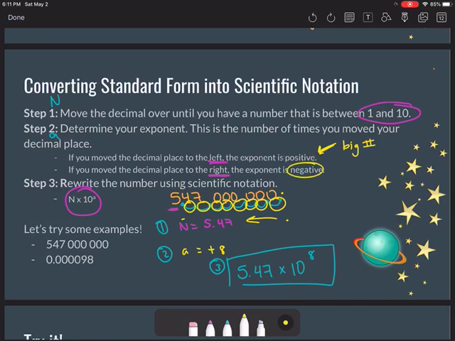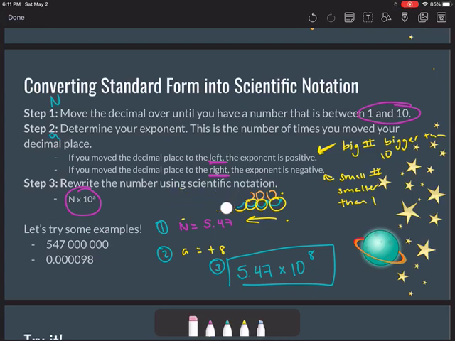If you have a small number, and a small number can be any number that's smaller than 1, then you will have a negative exponent. That's another way that you could help remember, is my exponent positive or negative? And we're going to take a look and see what happens when we have a small number.